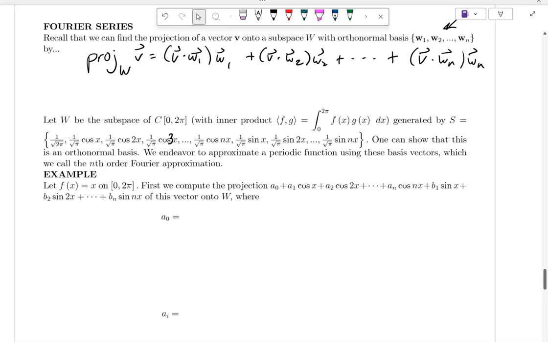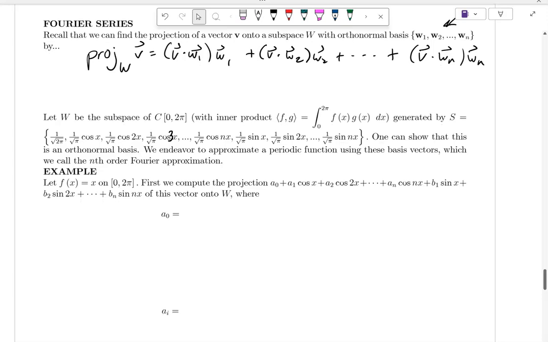So how do we do that? Well, let's say we have the function just x on the interval from 0 to 2 pi. You told me a minute ago that to find a projection onto a subspace, I just need to take the inner product of the vector with each of the basis vectors.